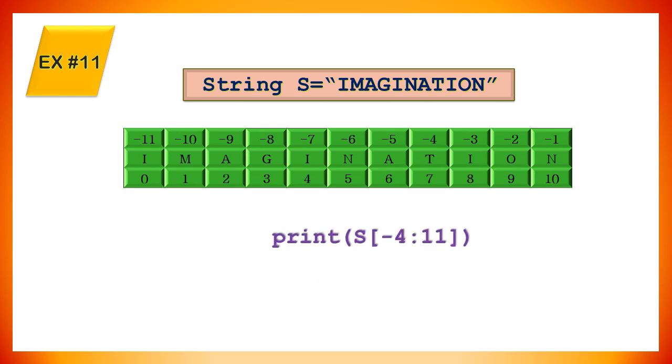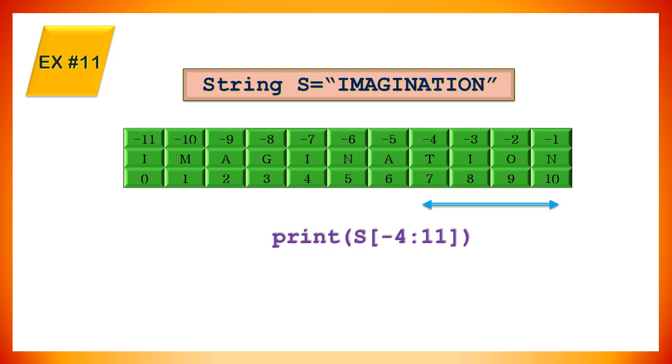Example number 11. S[-4:11]. See, minus 4 is represented as 7 and index 11 does not exist. So if an index does not exist and is much higher than the last index of the whole string, then it will generate all the indexes from the starting index till the end.